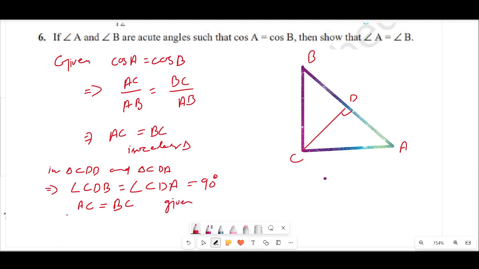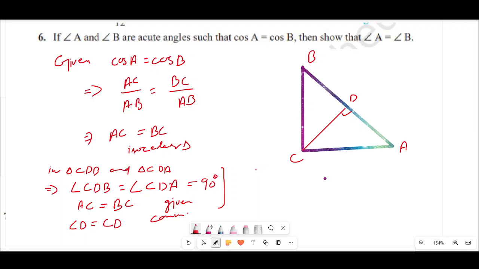Now we can write CD equal to CD, common. So here side, here side, and this is side, two sides are equal, one angle is common, then we can say that it is side angle side.